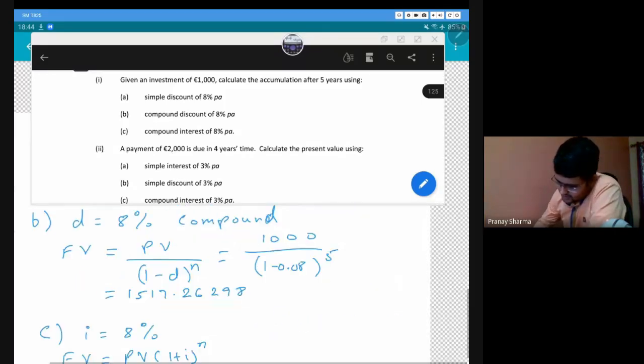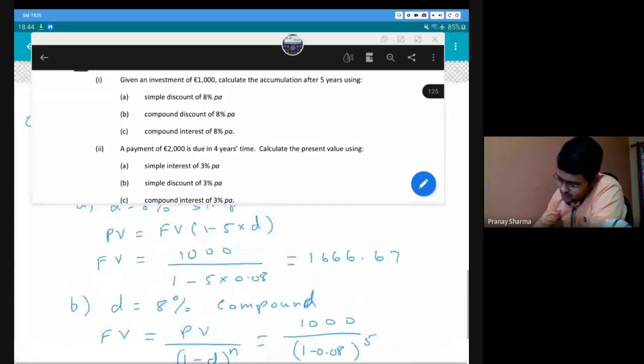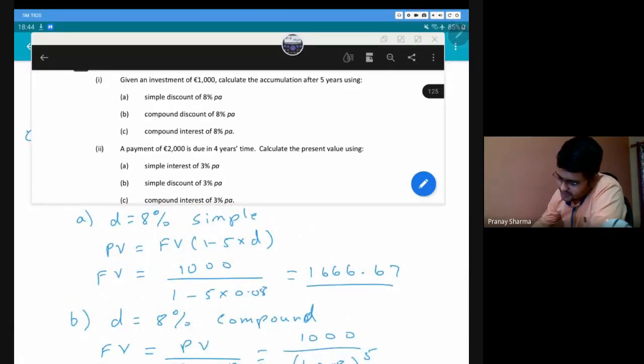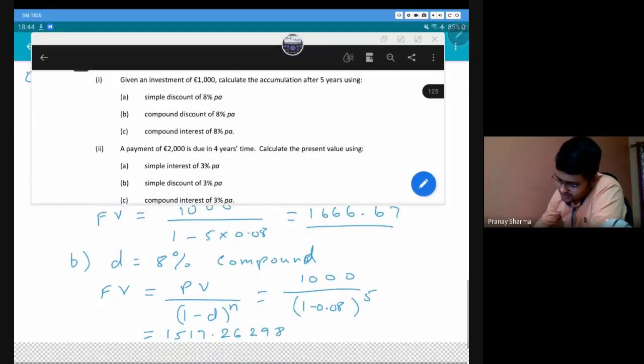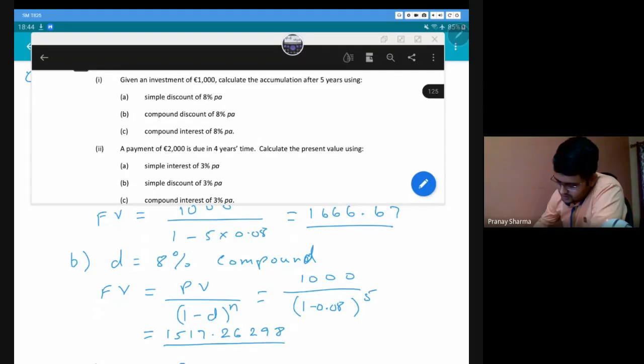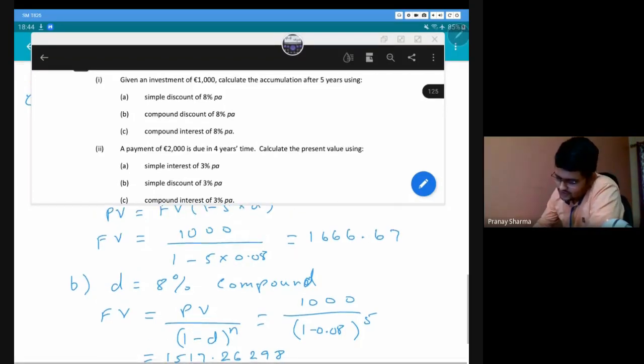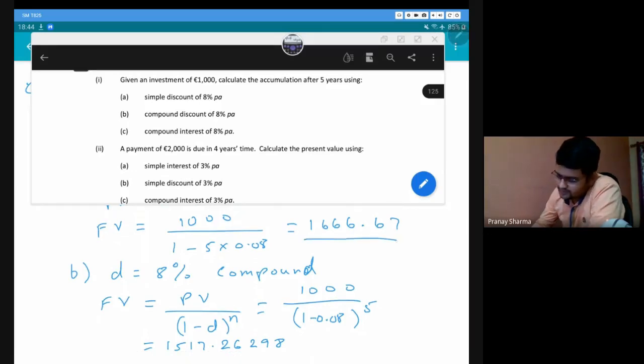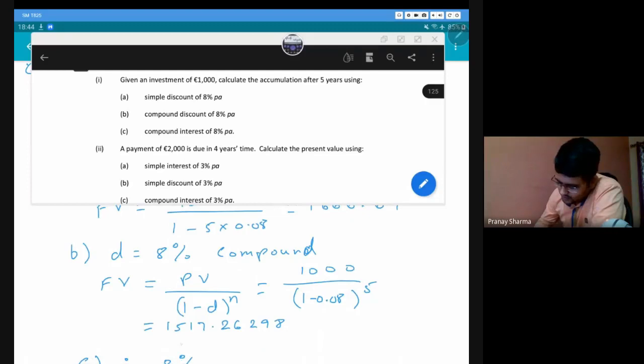Now here we saw a relationship between our simple discount and our compound discount in the previous one, while finding present value. Here while finding our future value, for simple discount we get more future value than for compound discount, that we know. Okay, that is very logical.